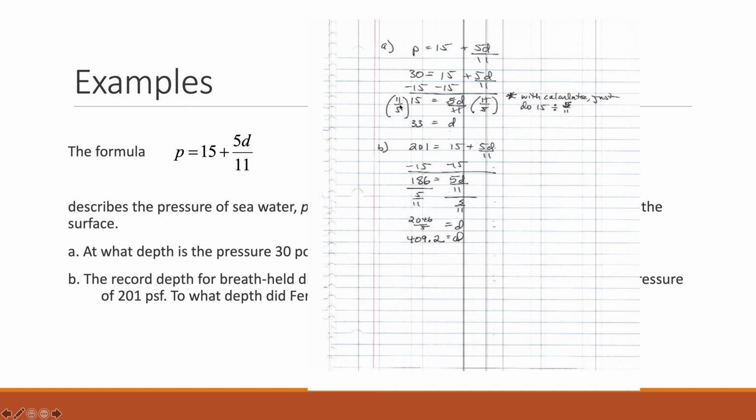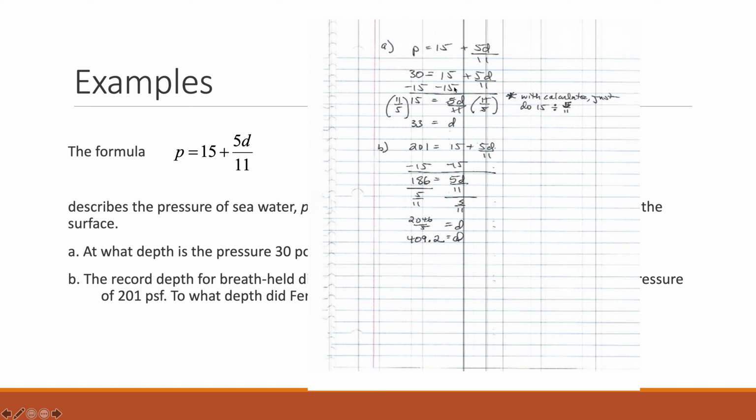Or you could do 11 times 15, and that's 165, and divide by 5 and get 33. And on the right-hand side, the 5s go die-die. The 11s go die-die. The only thing left on the right is D. Now again, to me, it's so much easier to do on your calculator.